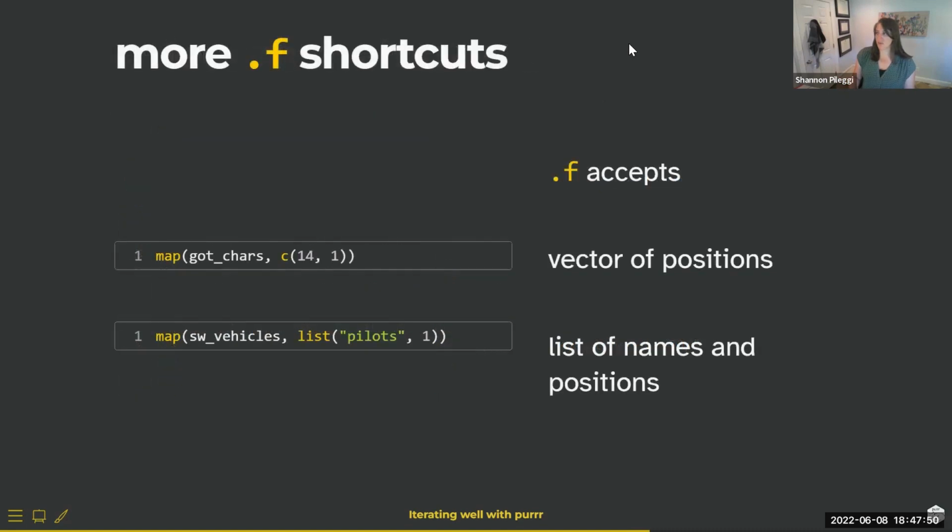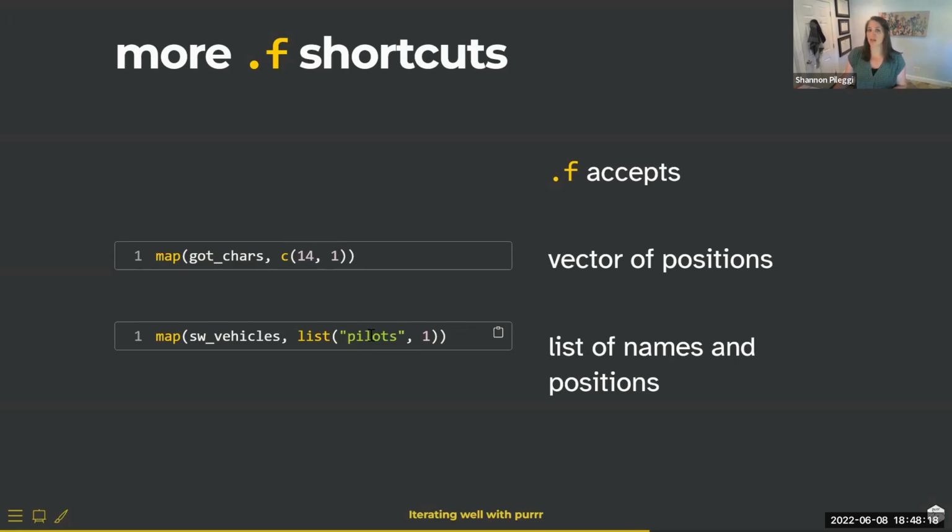So just a review, and I will certainly take more questions. There are more shortcuts you can use to specify a function. Another one that wasn't written before, but just so that you know about, you can write in a vector of positions. So c(14, 1): pilots is in the 14th position of that sublist, so this means we want to go to the 14th position and take the first element.